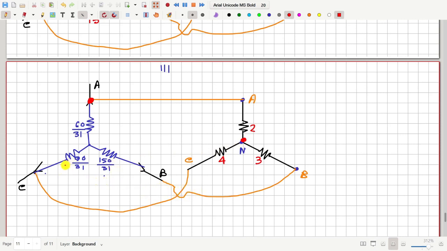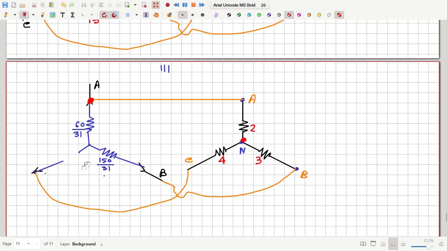So first of all, notice that nothing is connected to C, so we can forget this. And then this resistance is in series with this resistance. So this 4 ohm and this 90/31, they can be joined into one single resistance like this.